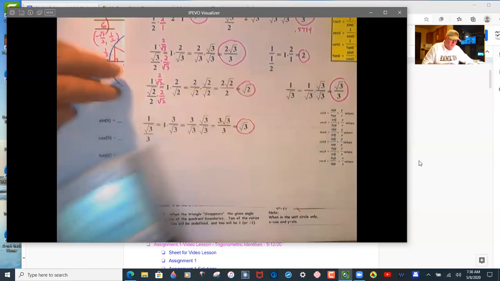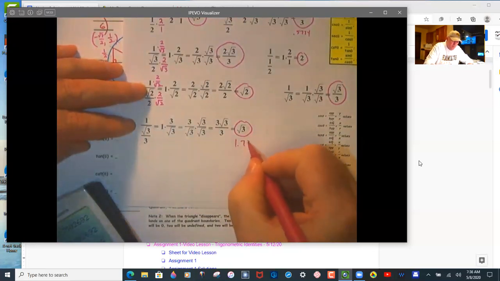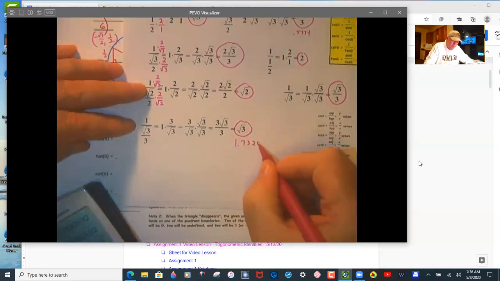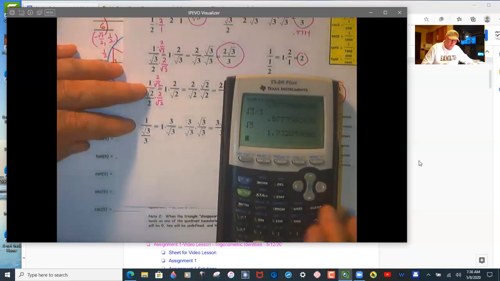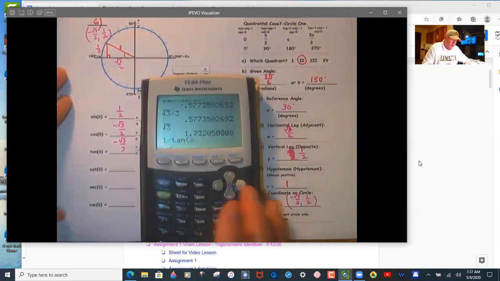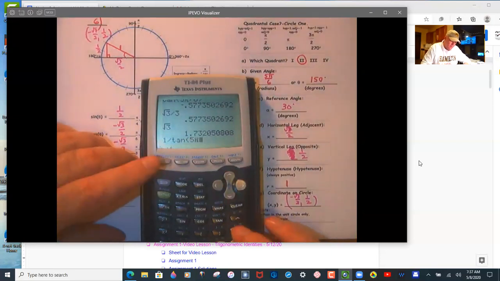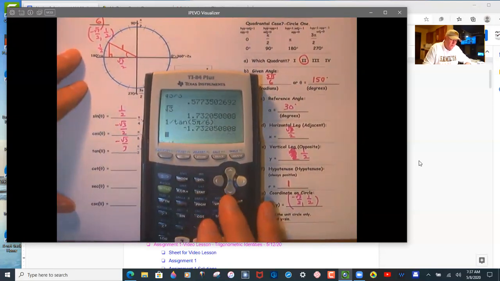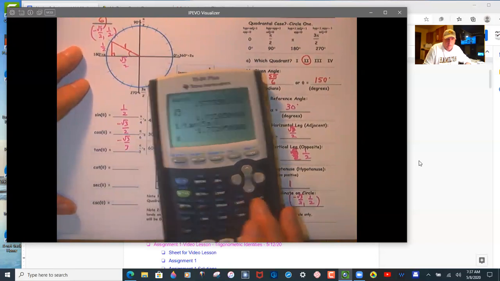So 1.732. And so you would do 1 divided by tangent. I mean, if again you're trying to do this in a pre-calc setting, tangent of 5 pi over 6, and you would recognize, okay, that's the square root of 3.